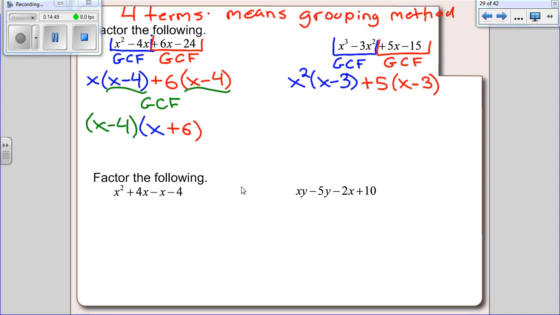I GCF the 2 halves separately. And now I should notice that if I look at my red side and I look at my blue side, there's something I can now GCF out of both sides. My x minus 3. I can GCF that out of both separate halves. That gives me an x minus 3 out front. The blue side, if I was to GCF out the x minus 3, I'm left with x squared.